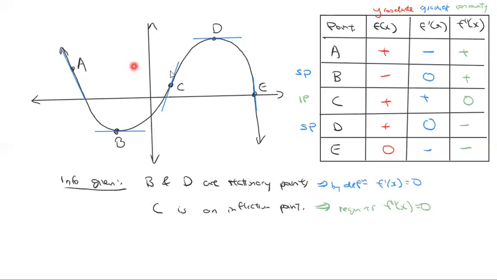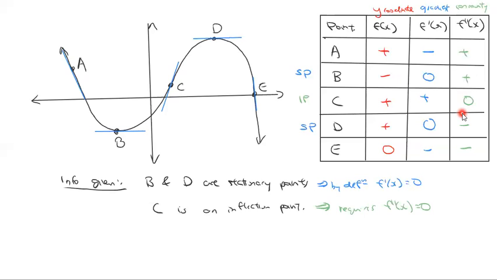Okay. Did you have any trouble with the table? I was just a bit confused with the first derivative. Okay. Because before we said that if the gradient is positive, then f'(x) is bigger than 0. Yes.